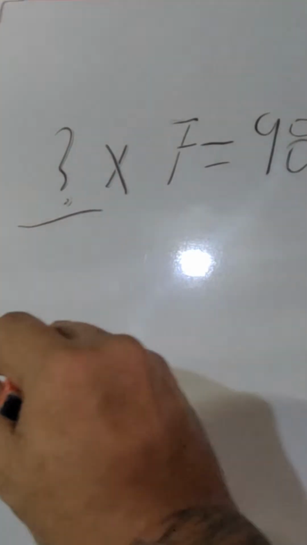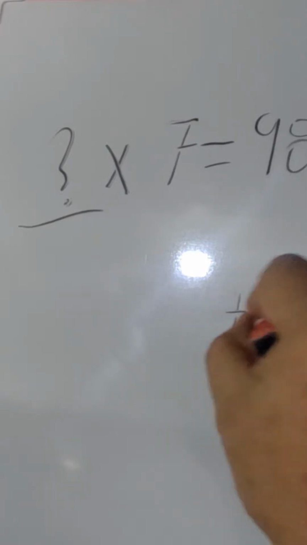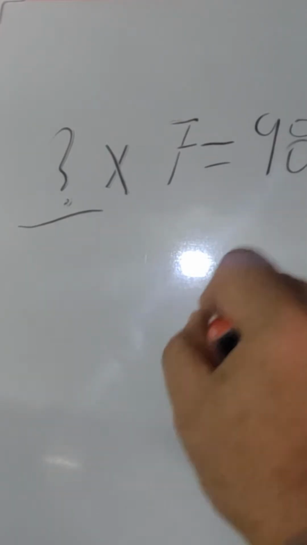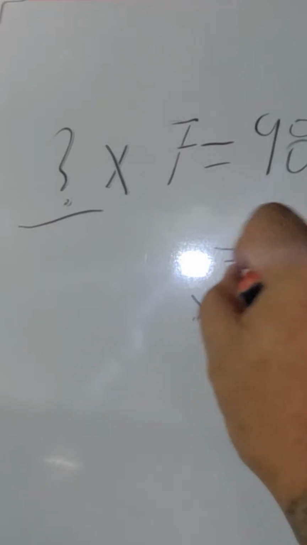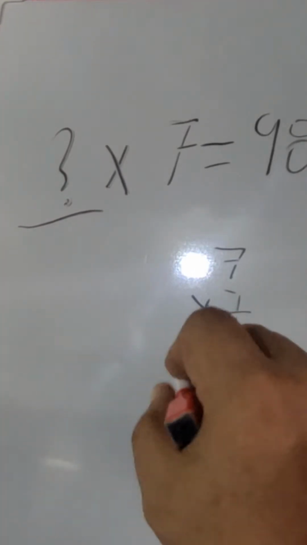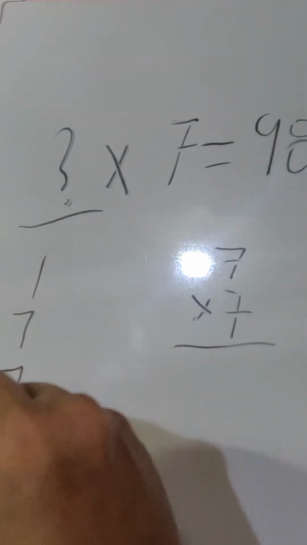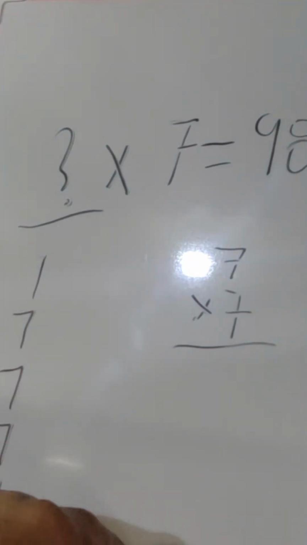So let's do 7 times 7. 7 times 7 is not 98. Look, 7 times 7: 1, 2, 3, 4, 5, 6, 7.